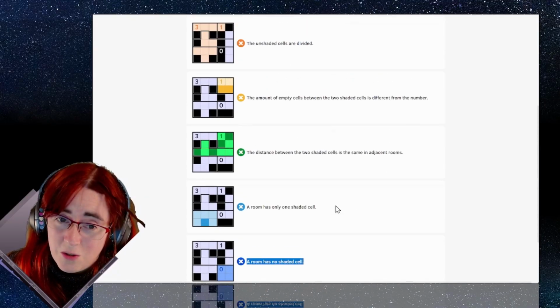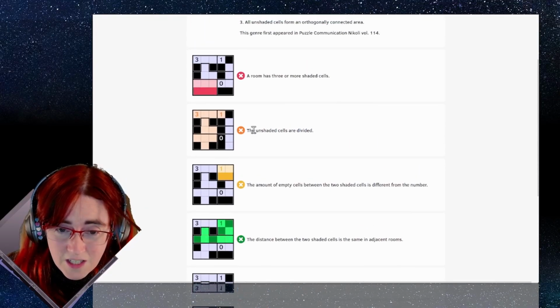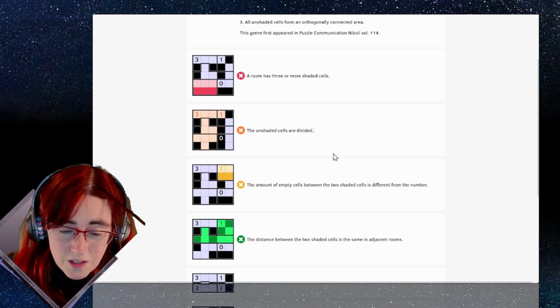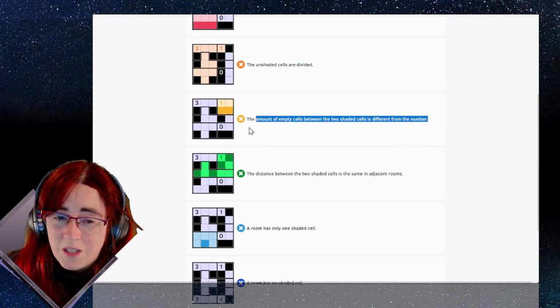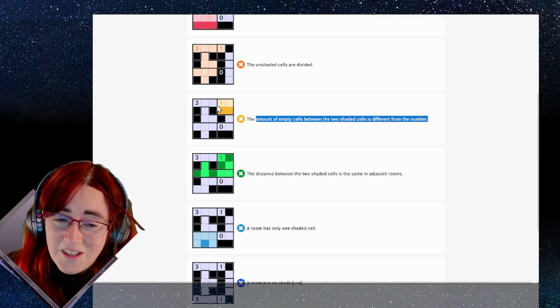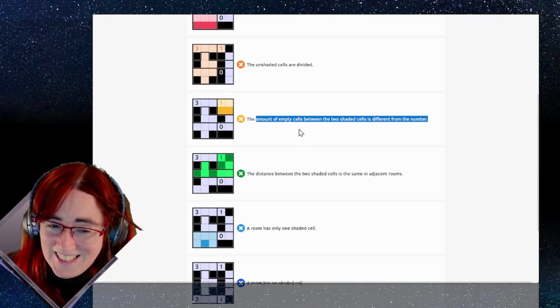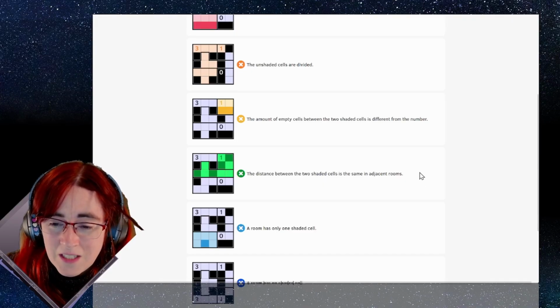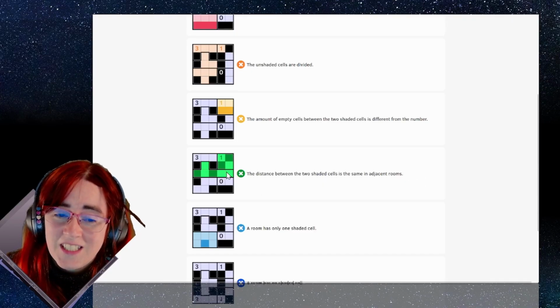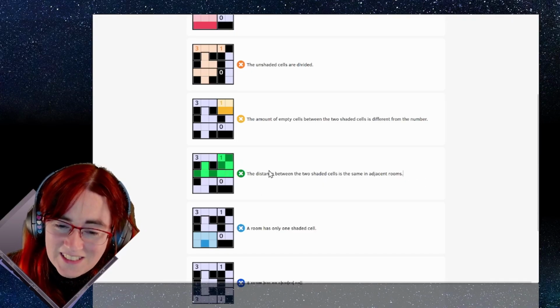Therefore, must have exactly 2 shaded cells. We definitely thought that. The unshaded cells are divided. Yep, yes, we thought that one. The amount of empty cells between 2 shaded cells is different from the number. Yes, we got there in the end. And the distance between the 2 shaded cells is the same in adjacent rooms. Yes, we also got there.